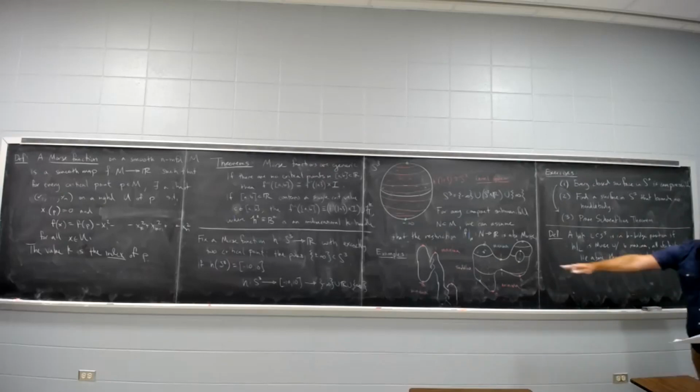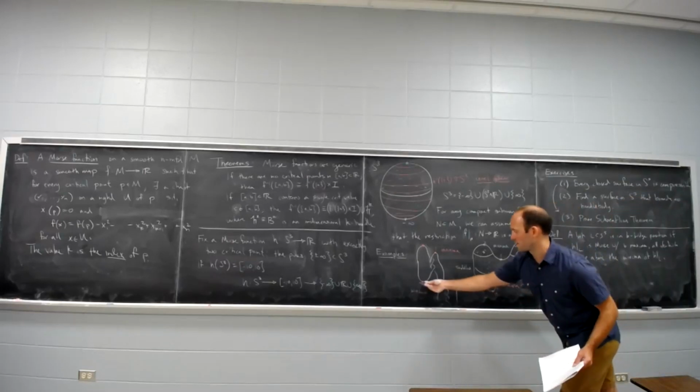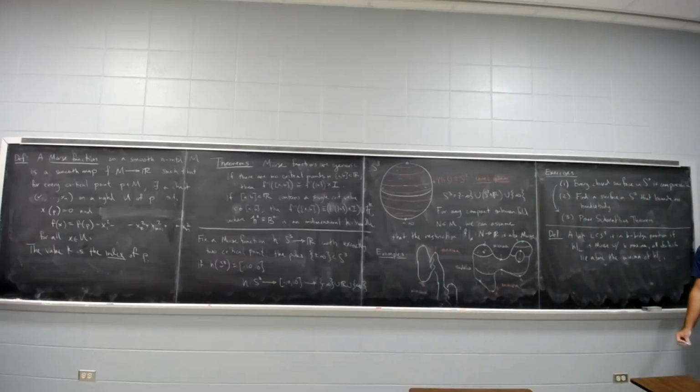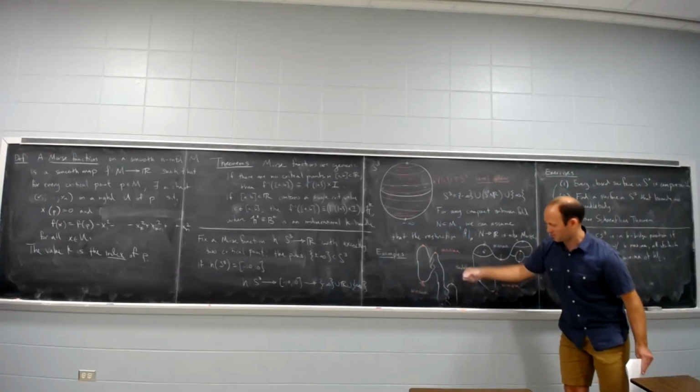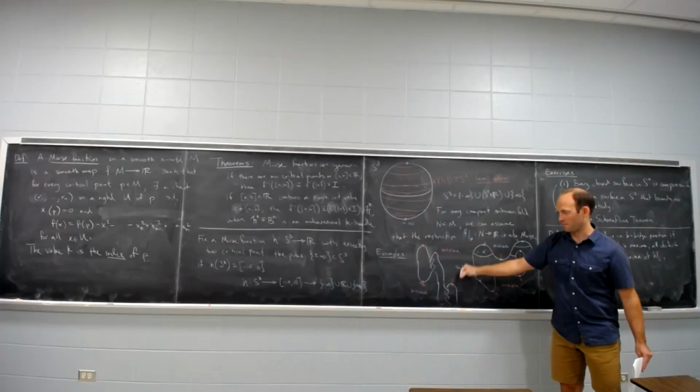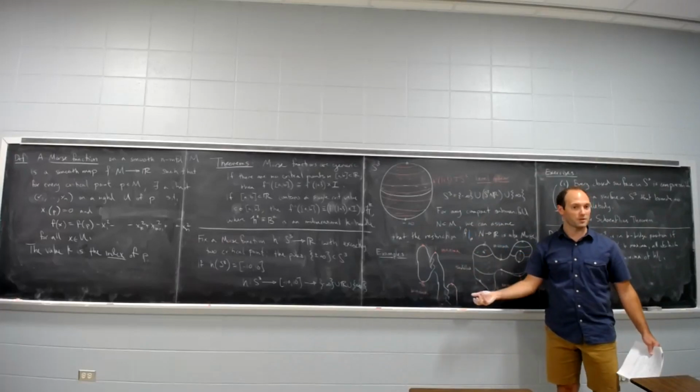Okay. So the example I drew over here is not an example of a link in bridge position because we have this maximum clearly lying below that minimum. But if we pulled that maximum up, we just attached a string to it and pulled it up, then we would be in bridge position.